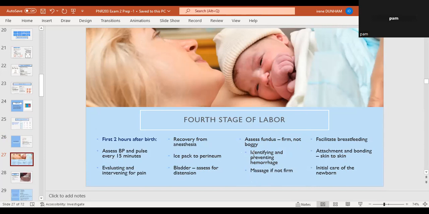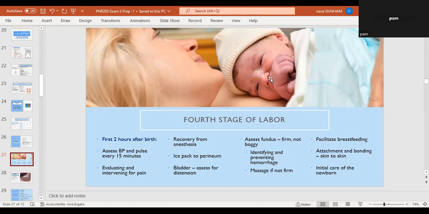What we're doing is we're identifying and preventing a hemorrhage. That's what we're doing. Okay. And if she continues to have a lot of bleeding, you want to tell your provider because, remember I told you, you look at the placenta, make sure it's still all intact. If something's missing, it could be that it's still up in the uterus. And so then you would end up having retained placenta fragments.